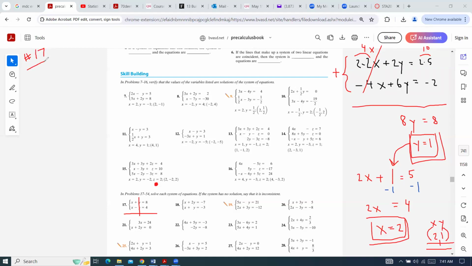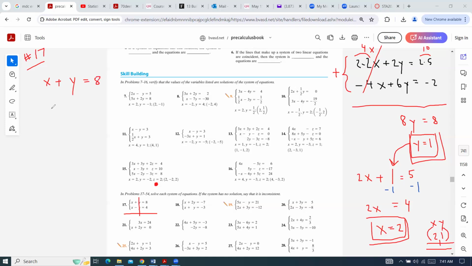So the point is, we always look at the system, at both equations, and then we decide which unknown will be easier to get rid of, to cancel.